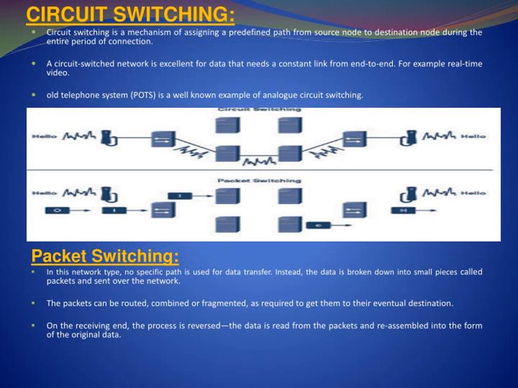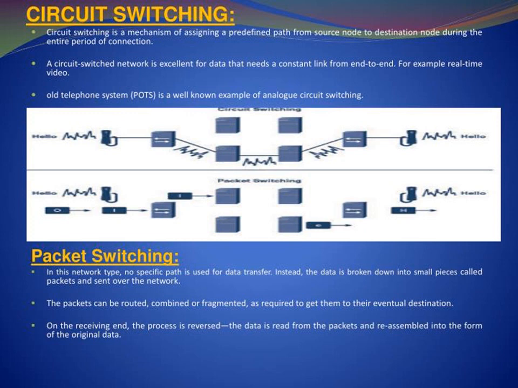Circuit switching is a mechanism of assigning a predefined path from source node to destination node during the entire period of connection. A circuit switching network is essential for data that needs a constant link from end to end. For example, for transferring real-time video, we need circuit switching. The old telephone system is a well-known example of analog circuit switching.